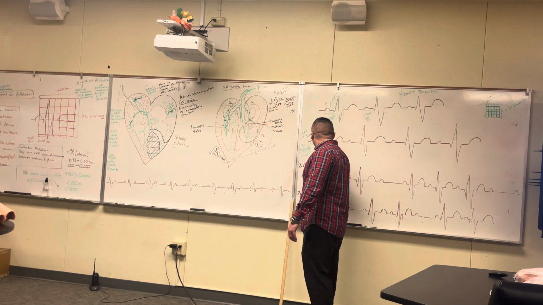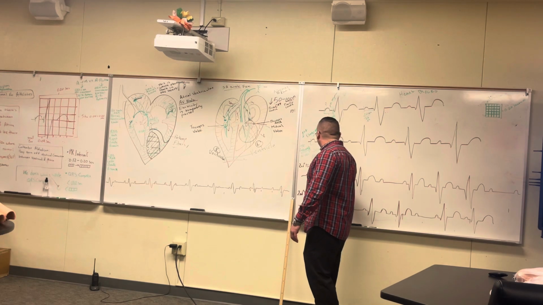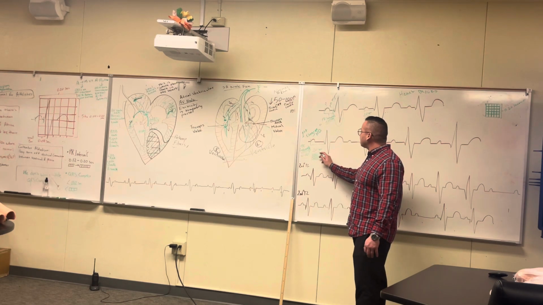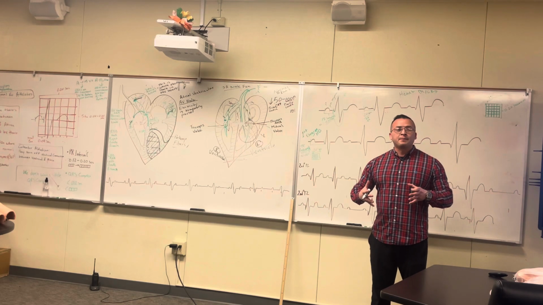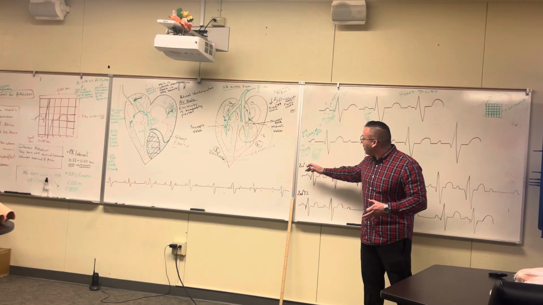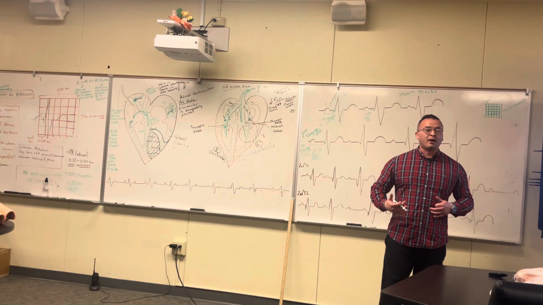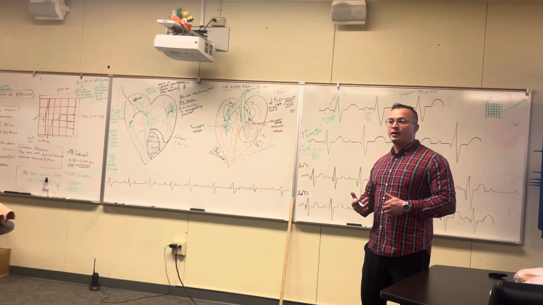That means that this interval is wider. Make a little box here. 1, 2, 3, 4, 5. It's wider than one big old box. So if it's wider than one big box, which equals 5 small boxes, I have a first degree heart block. Okay?